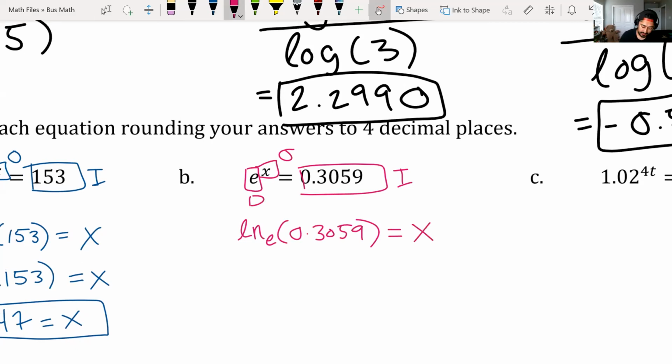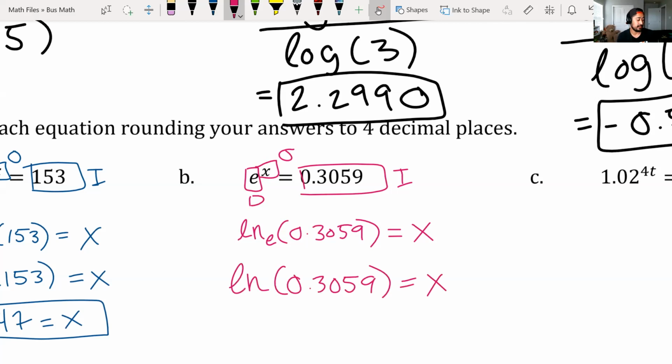Okay, once again, on this one, no change of base needed because this is the natural log, which means I can rewrite this as the natural log of just 0.3059 and type that in my calculator.